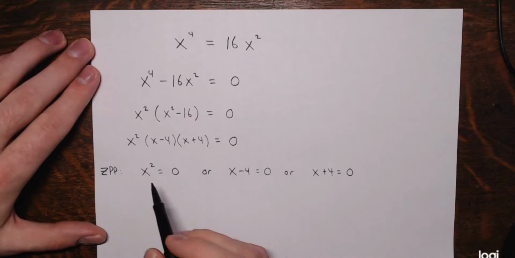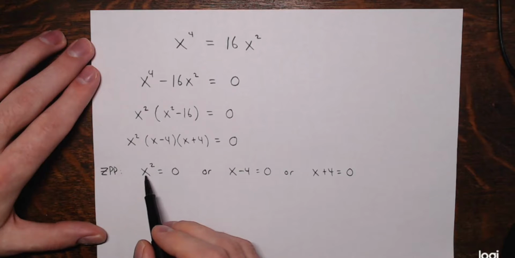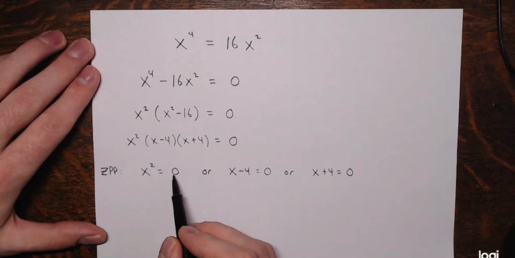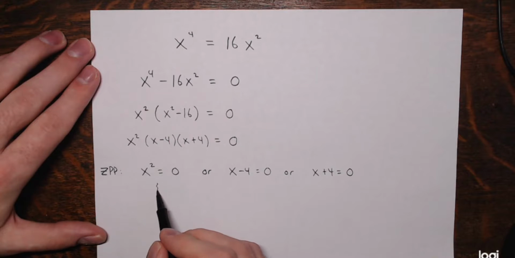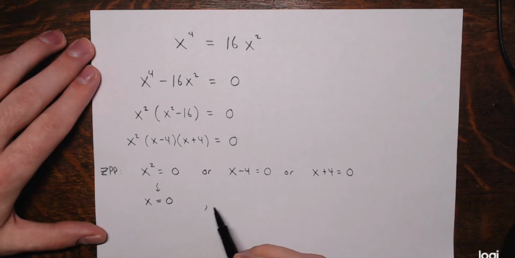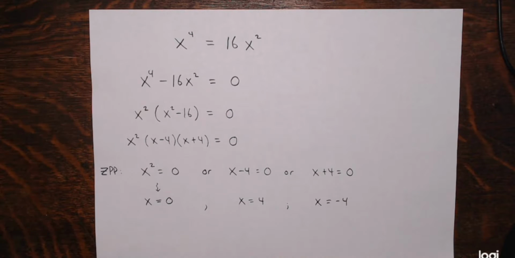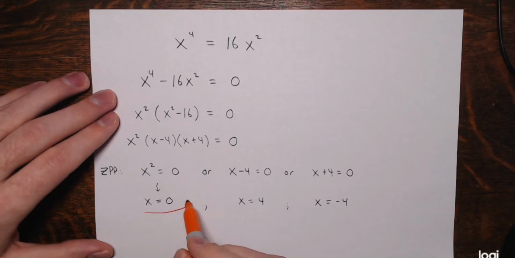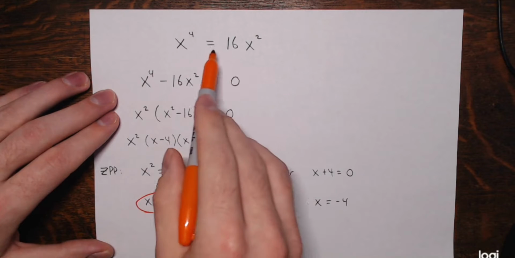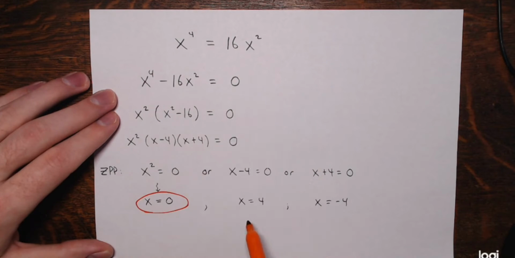Now again, the only number that you can raise to a power and still get 0 is 0. So this leads me to x equals 0 being a solution. Here we have x equals positive 4. Here we have x equals negative 4. And again, you can check them. They should all work. The 0 is the obvious one. 0 equals 0 if you plug in 0 for x.